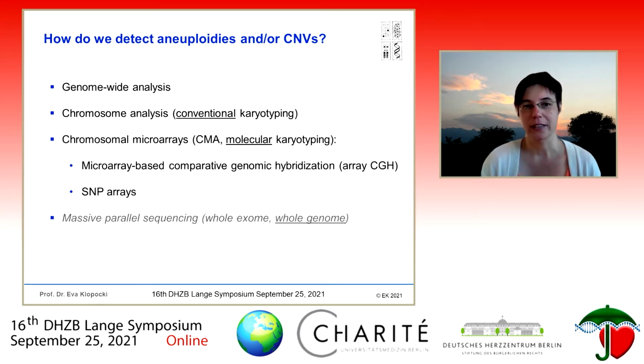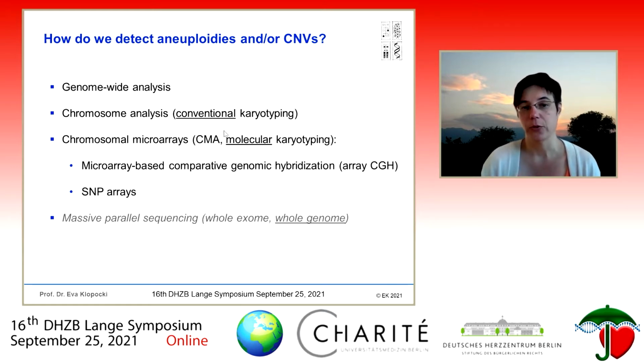How do we actually detect aneuploidies or copy number variants? These both require genome-wide analysis. For aneuploidies, we use the very traditional method, conventional karyotyping or chromosome analysis, which has a limited resolution, I have to say, but still it's beneficial to detect, for example, balanced structural variations, which can also be important.